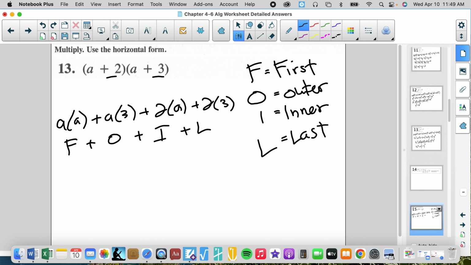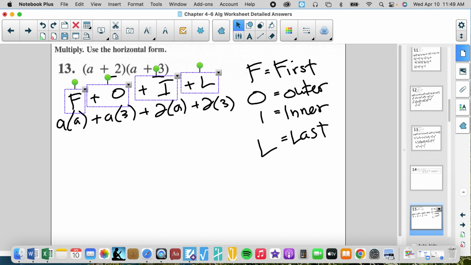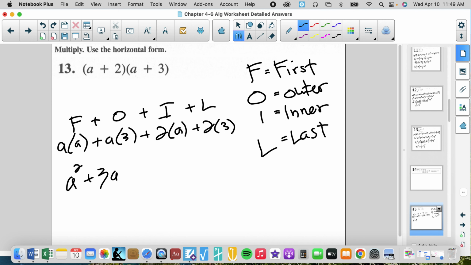And that's your L. I guess I could put this above it, and then we can move this down a little bit and erase these. So that's FOIL. A times A is A squared. A times 3 is 3A. 2 times A is 2A. 2 times 3 is 6. These are like terms. A squared plus 5A plus 6.